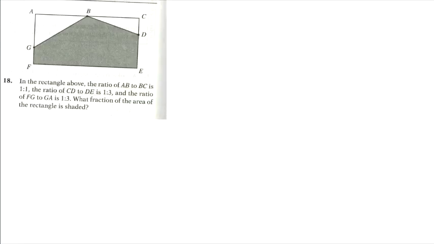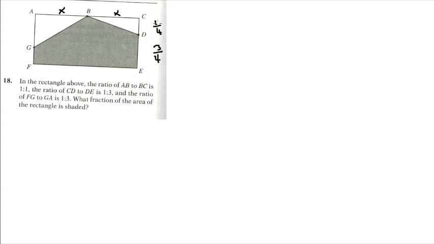In the rectangle above, the ratio of AB to BC is 1:1, meaning that this is equal to that. The ratio of CD to DE is 1/3. So this is going to be 1/4, and this is going to be 3/4.